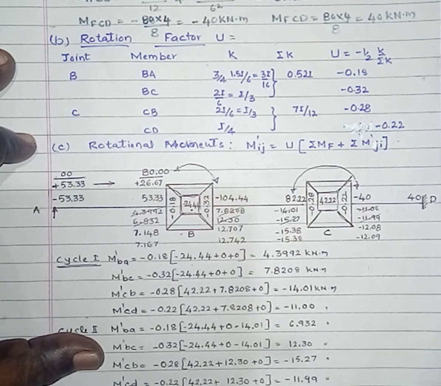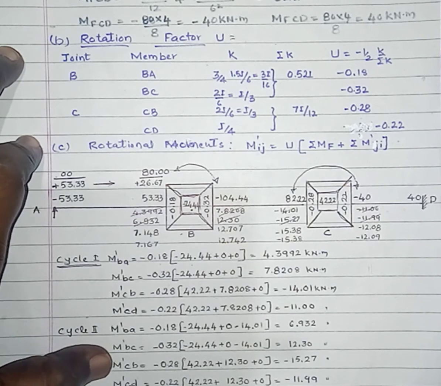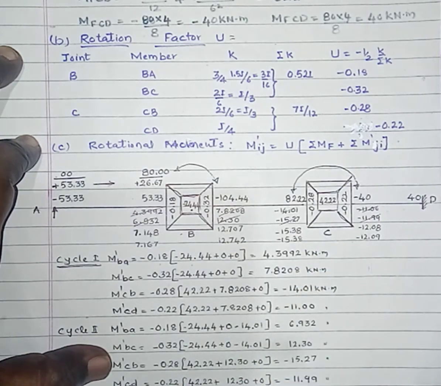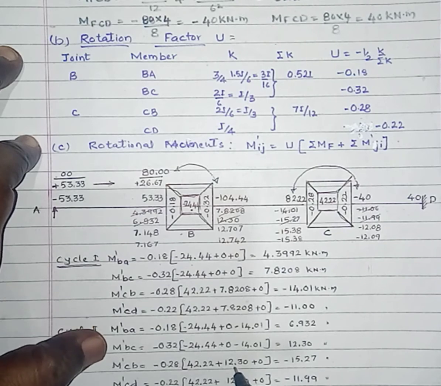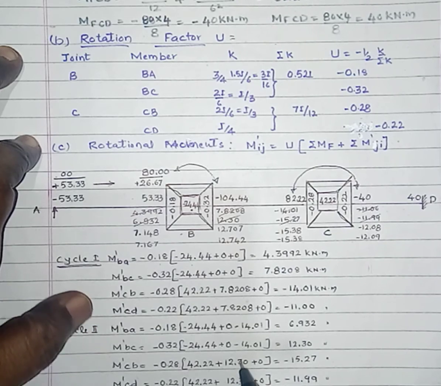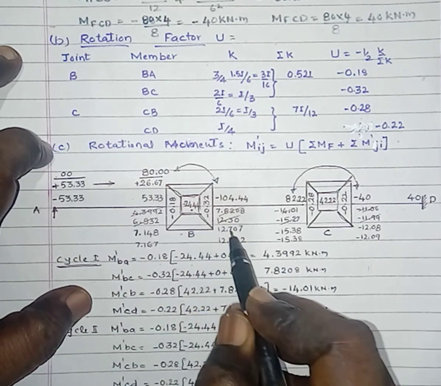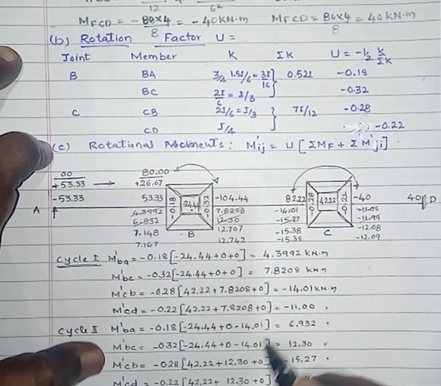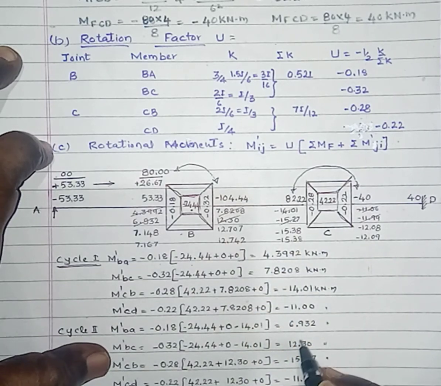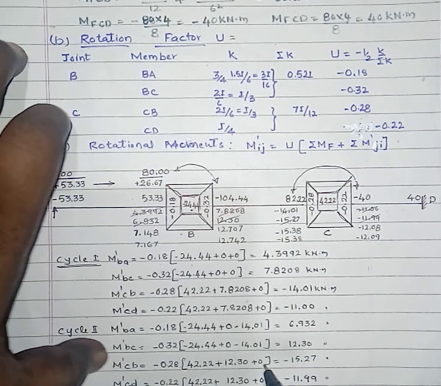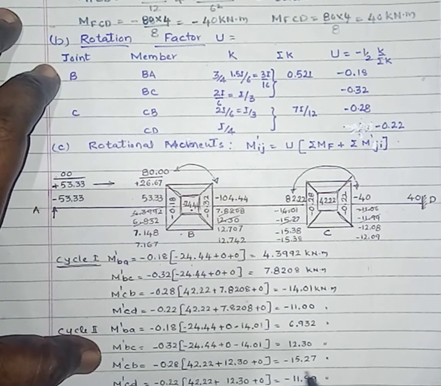Similarly, M dash CB, the rotational factor is minus 0.28. The sum of the fixed end moment is 42.22. The far end rotational moment, one far end, that is B, 12.30, just now we have calculated, plus another far end is D, that is 0.